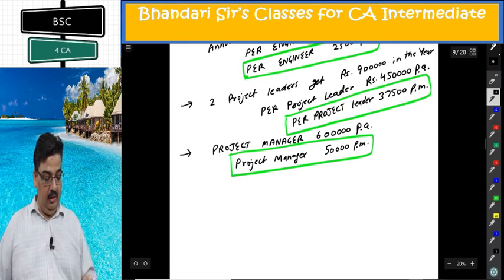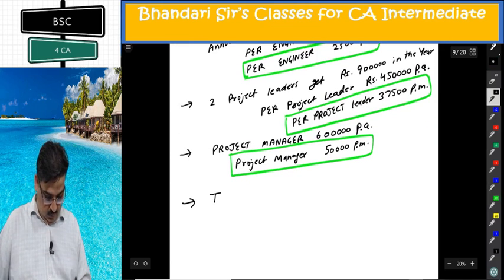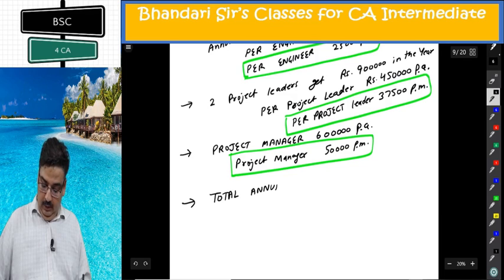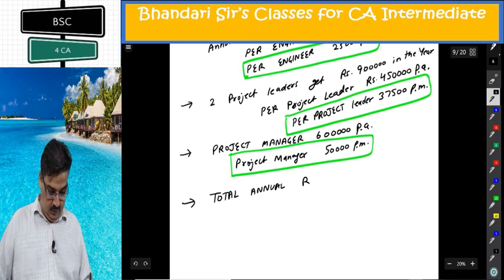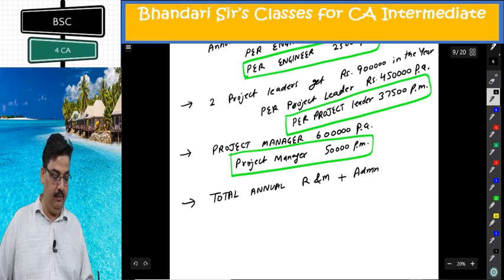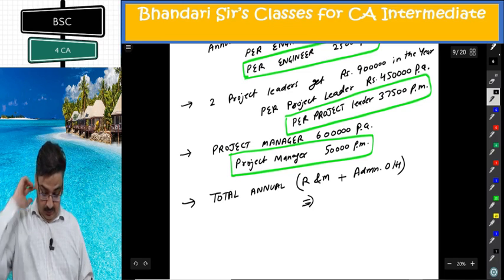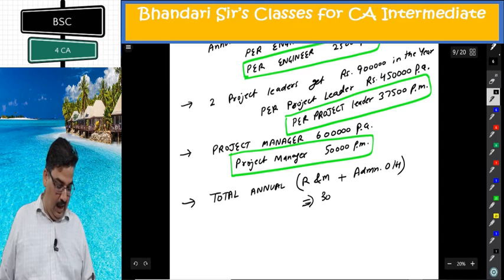Now another thing, total annual repair and maintenance plus administration overhead. There are two overheads given in the annual company case. 3 lakh plus 12 lakh, 15 lakh.